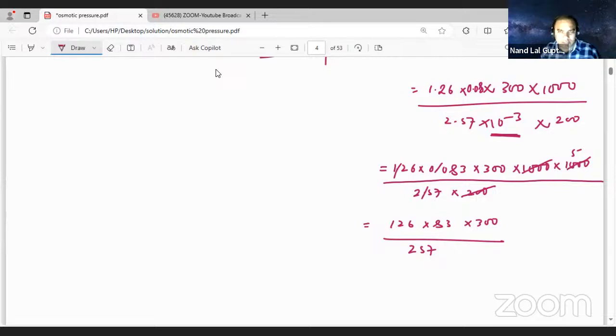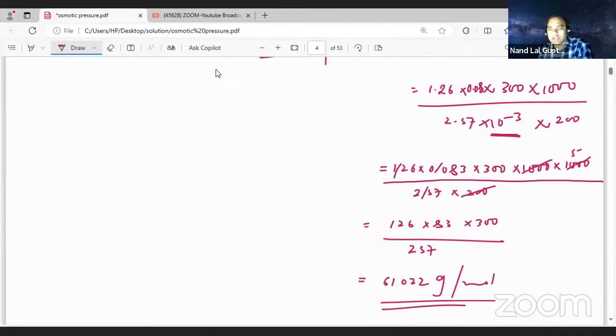Now if you are solving this one, how much is coming, student? 61,022, this is gram per ml. You can use the calculator to get the answer. Very easily you can calculate 126 multiplied by 83 multiplied by 300.